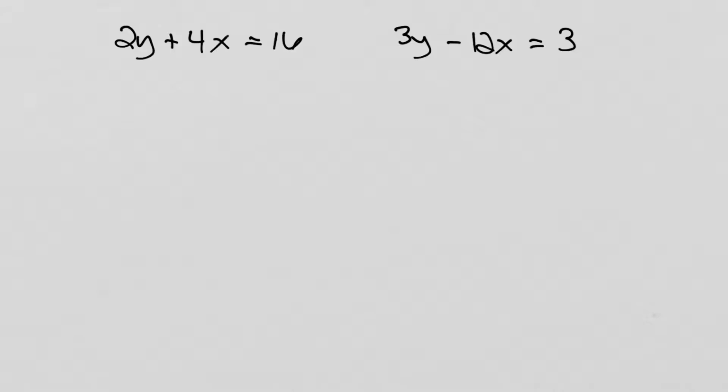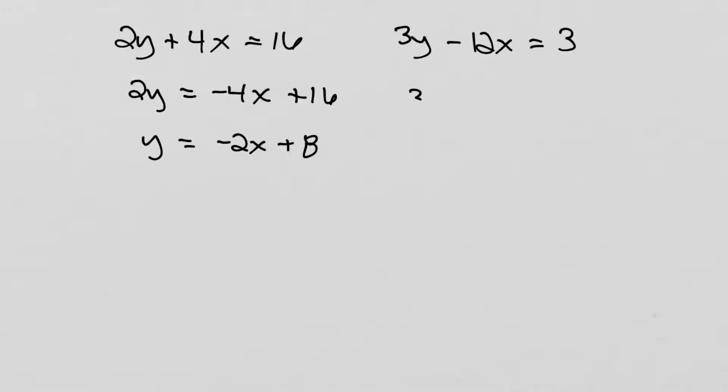So if I take this one and put it in slope-intercept form, that means I need to solve it for y. So let's take that 4x term over and then divide by 2 to give me negative 2x plus 8. And then over here, I can do the same thing. Let's take that x term over, divide by 3 will give me 4x plus 1.